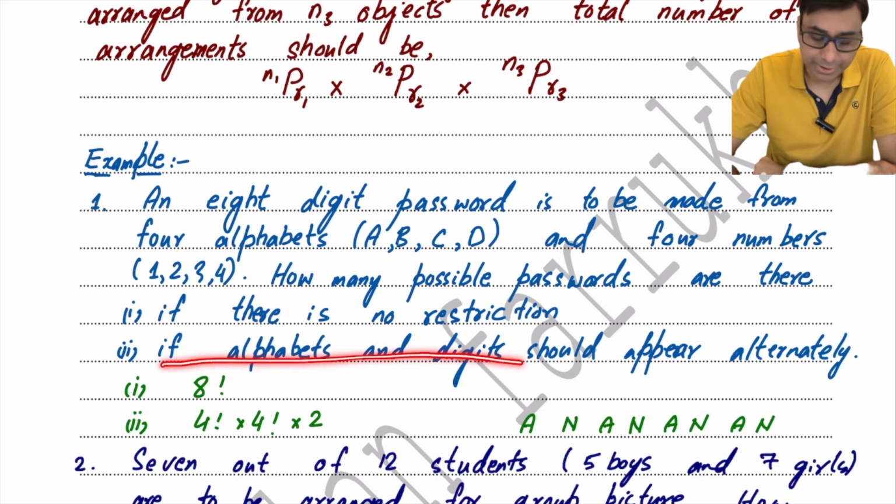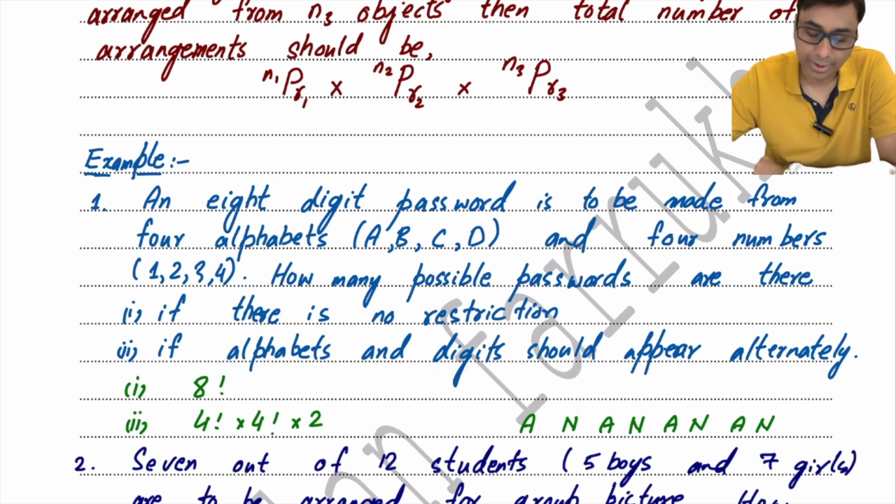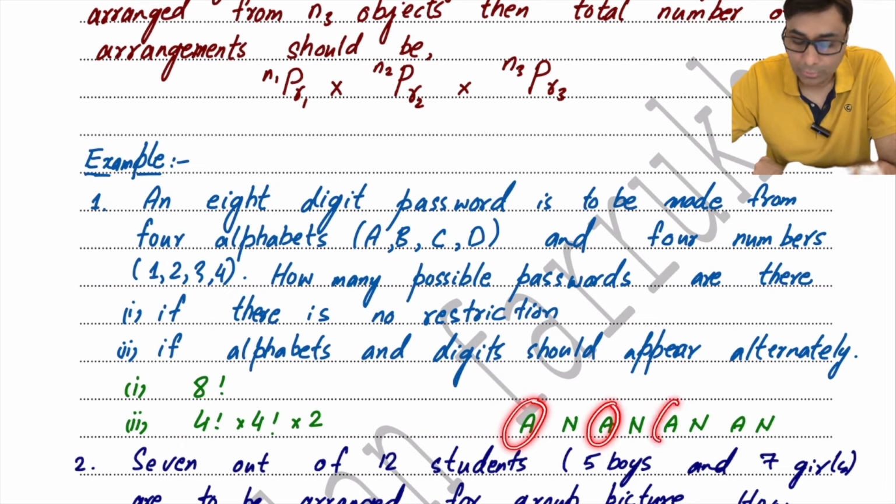But if I put a condition that the alphabets and digits should appear alternately, so I know that I could have an alphabet and then a number and then an alphabet and then a number, so I will find out how many possible ways I have of filling these spaces with alphabets. That's going to be 4 factorial.